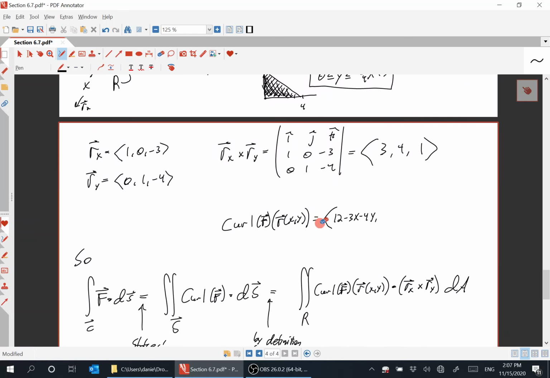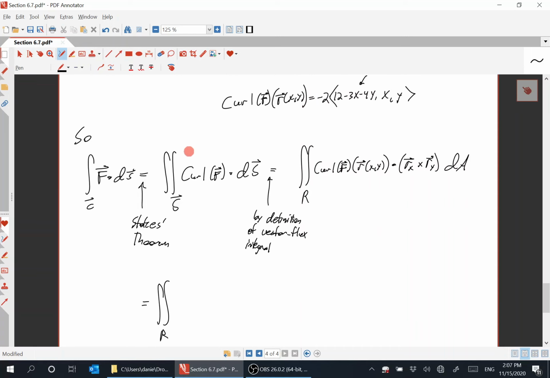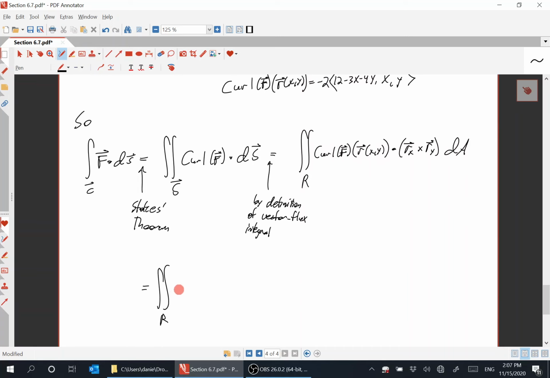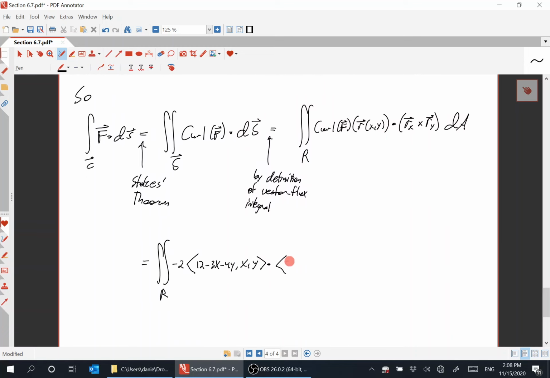I forgot the minus 2. That's z equals 12 minus 3x minus 4y, so all that times minus 2. So now we've got all our ingredients. Minus 2 times the vector 12 minus 3x minus 4y, x, y, dot that cross product, 3, 4, 1, dA.